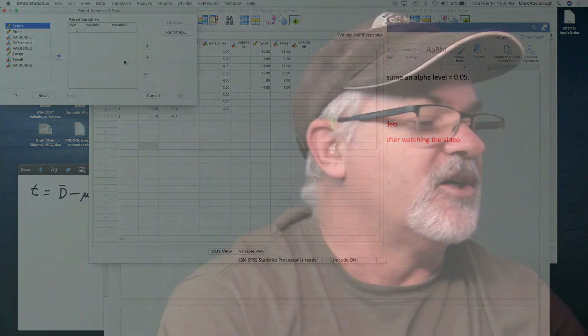It's a little confusing, but I pick after and it goes into variable 1 right there, and I pick before and it goes into variable 2. So it's going to take that and subtract that. That's going to be the difference that it's going to make. So I press OK, and the results come up here.